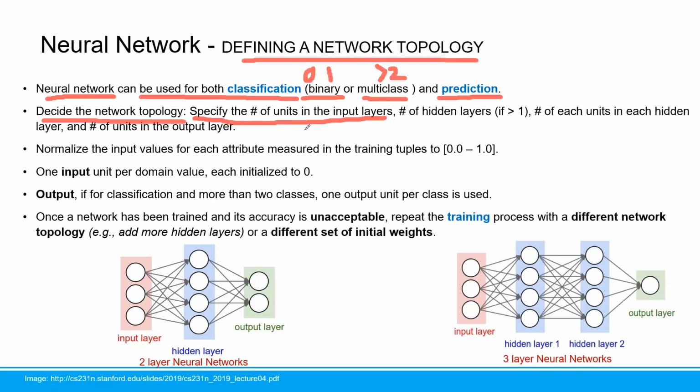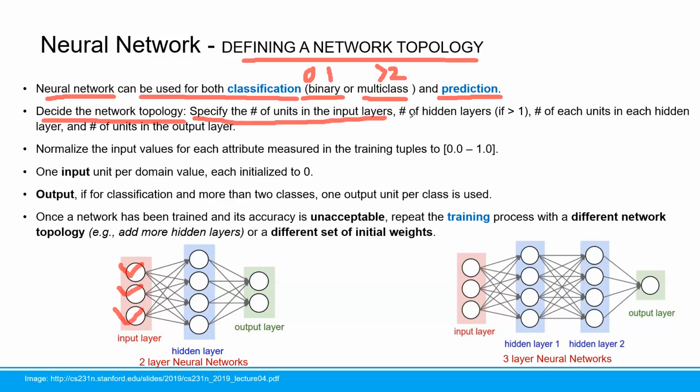So you can define how many units. Let's say here we have 1, 2, 3. So we have 3 units in this input layer. The 3 units can refer to 3 variables or 3 attributes that you want to use for this network.